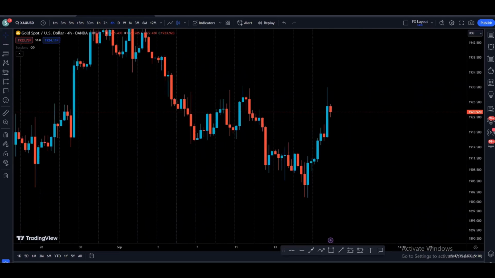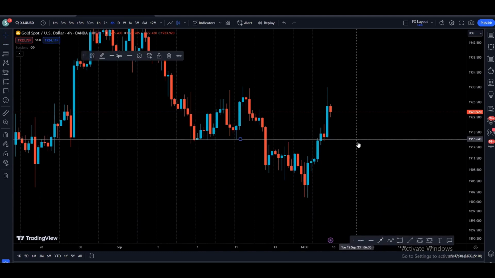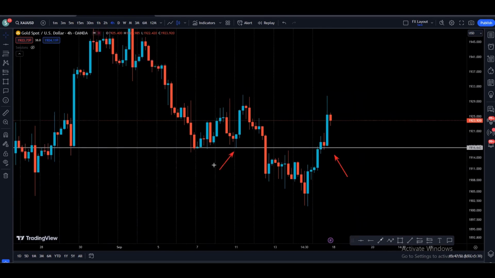And if we talk about the support and resistances, we have this support right in here. As we can see, we have support, support, support, support, and support. So this one is going to be pretty strong support.